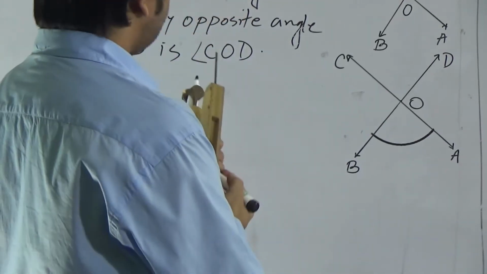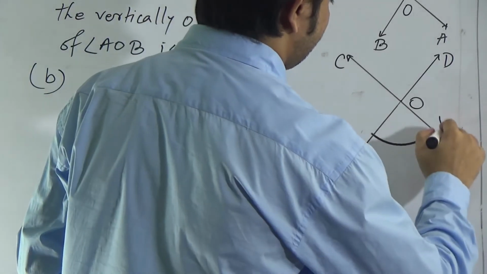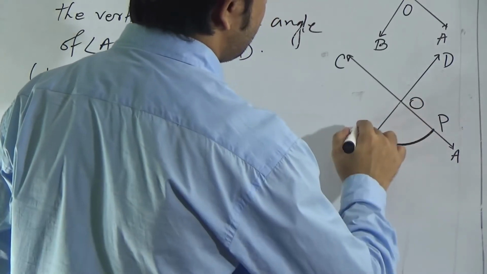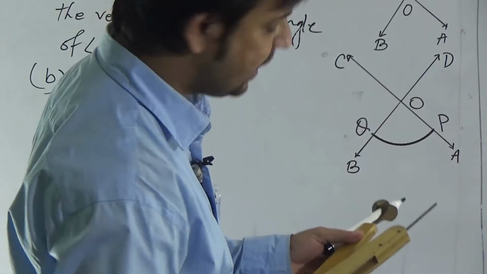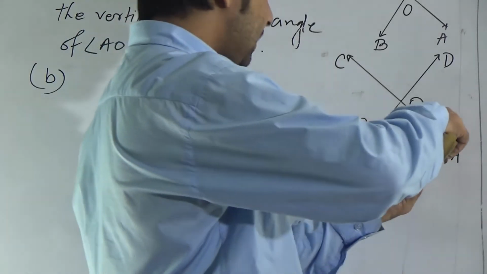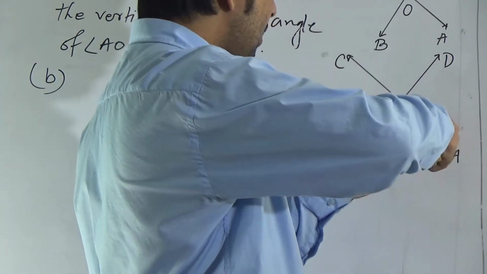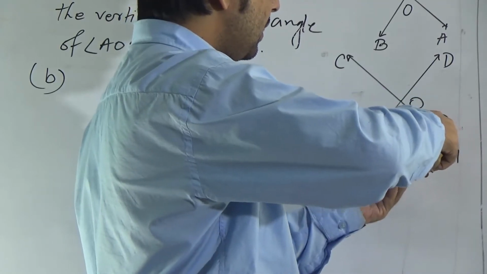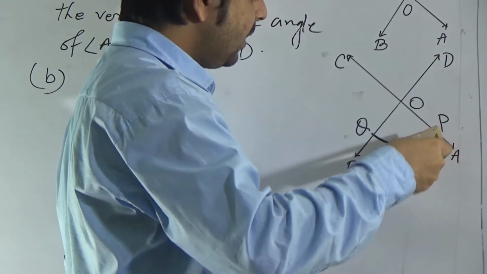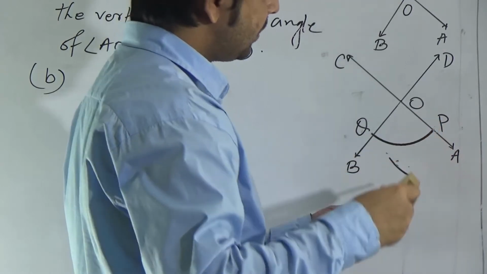This arc intersects OA at P and OB at Q. Now with P as center, taking radius more than half of length PQ, draw an arc in the interior of angle AOB. Draw an arc.